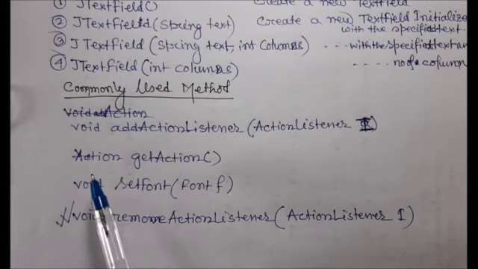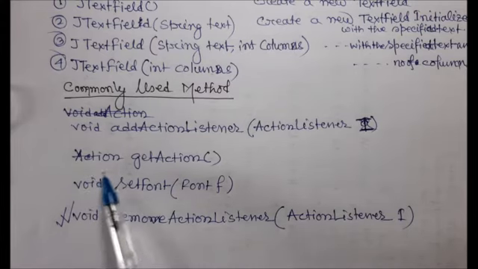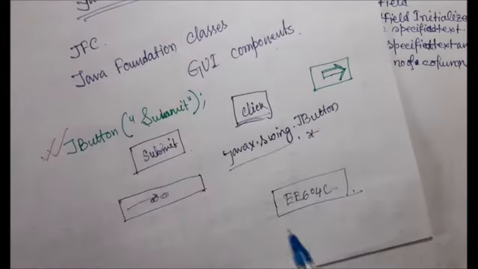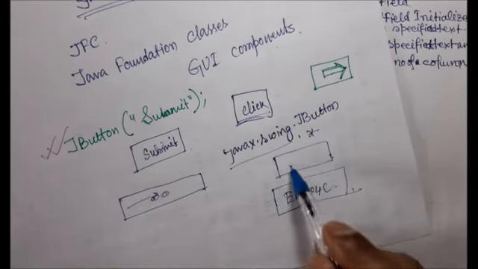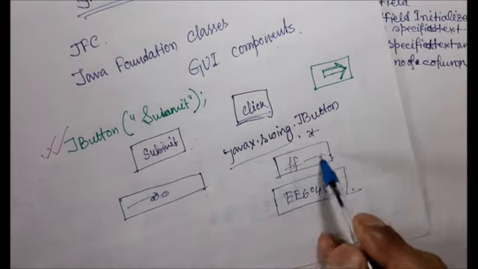The second one is getAction. It returns the currently set action for this action event object, and it is not frequently used. The third one, setFont, is frequently used, because most of the time it is used to set the current font of a text. Suppose I want the text in italic format, or a different font; there are so many fonts available that you can use.